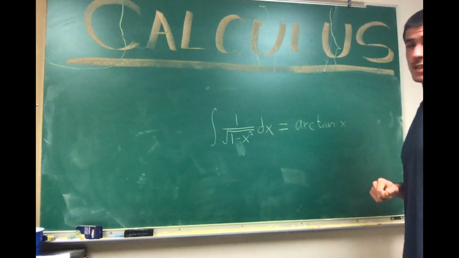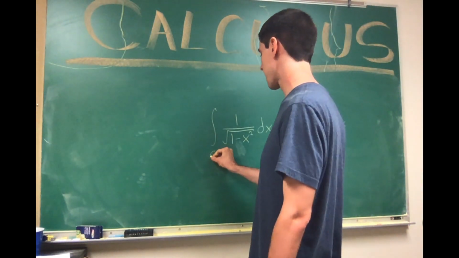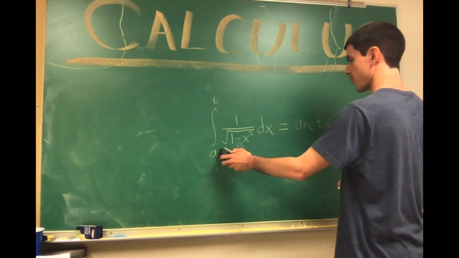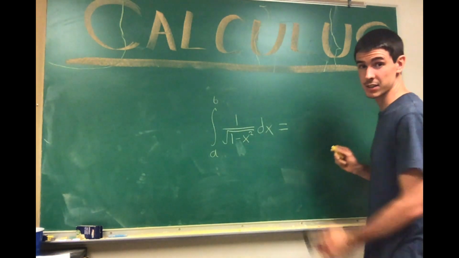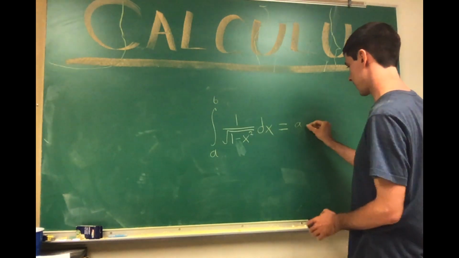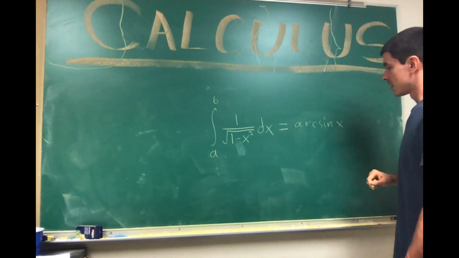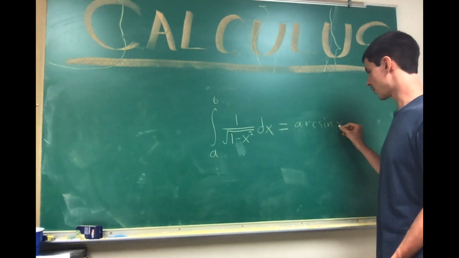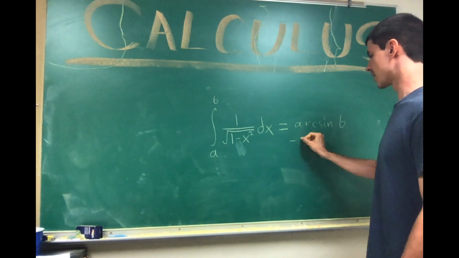And as a final comment to magnify something from yesterday, something from the homework. So this is the integral from a up to b of this thing. Sorry, I wrote arctangent. I apologize. This is, of course, not arctangent, it's arcsine of x. And so if this is now a up to b, this is going to be arcsine of b minus arcsine of a.